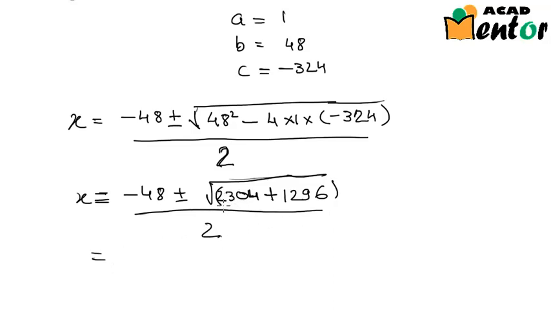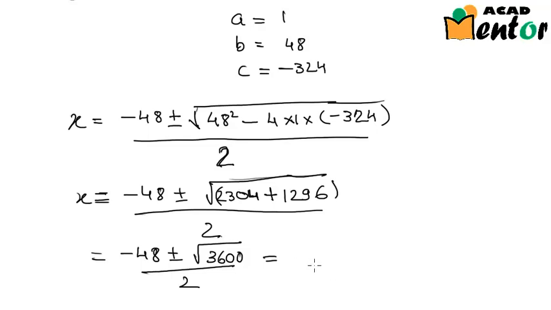So inside the root I have 2304 plus 1296, which is nothing but 3600. So this would become minus 48 plus minus under root 3600 by 2. Now root 3600 is 60 because 6 square is 36 and 60 square would be 3600.